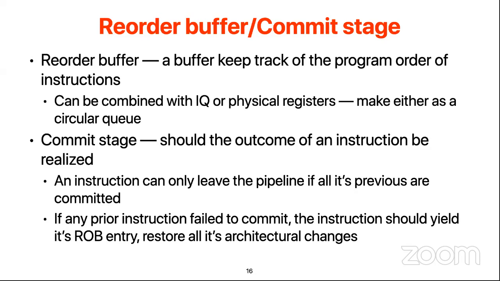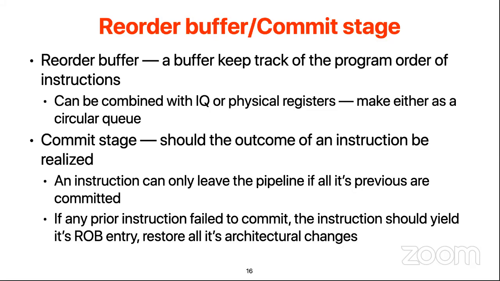The mechanism to support speculative execution is the reorder buffer. And the reorder buffer is a buffer that keeps track of the program order of instructions. If you try to remind yourself of the single issue 5-stage pipeline we have, we never have to worry about speculative execution because the branch is resolved in its execution stage, and because the branch is blocked in its execution stage, all the instructions after the branch will never enter their execution stage.